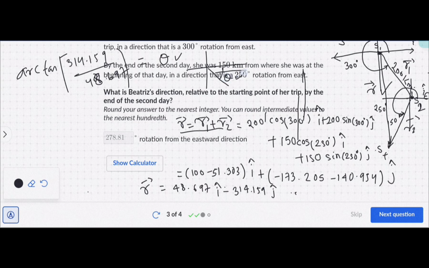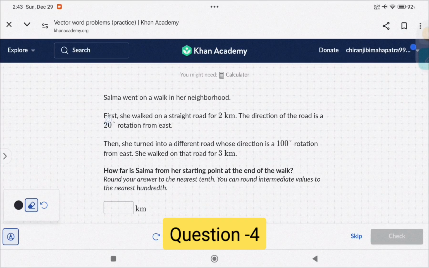To find the angle from the positive axis, the eastward direction, in anticlockwise direction, you have to subtract theta from 360 degrees. So the answer is 278.81 degrees. That's it.